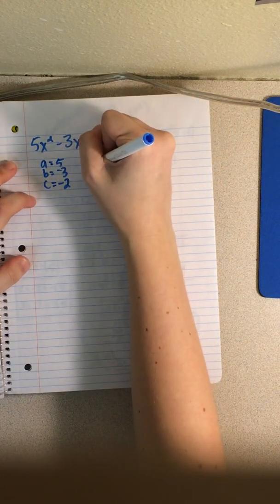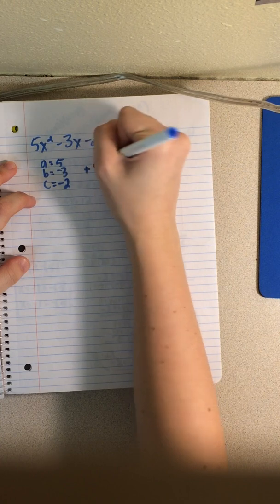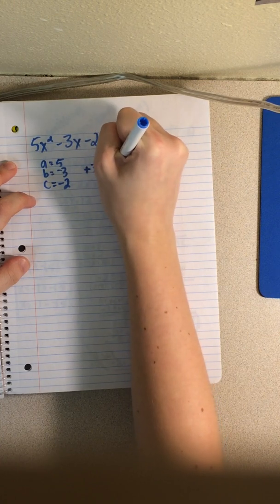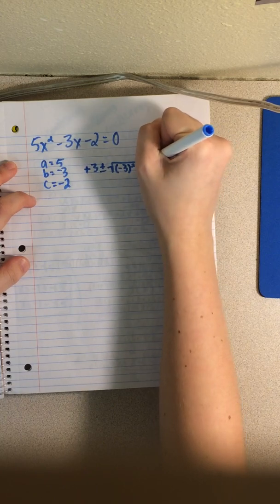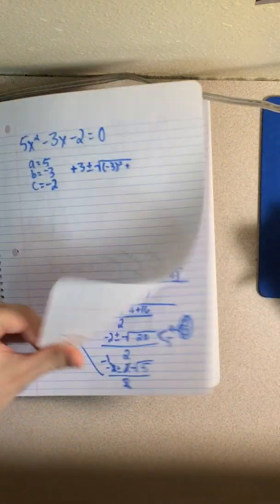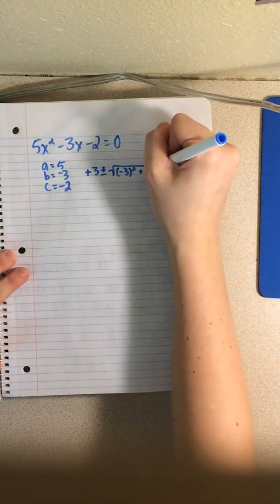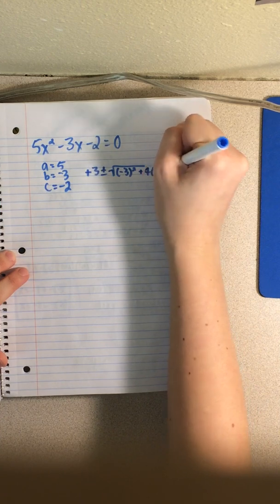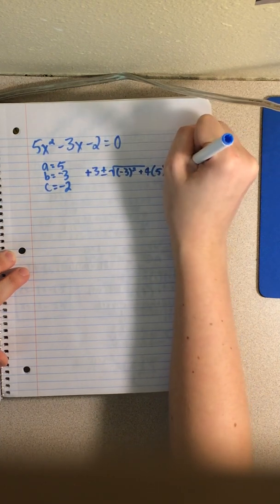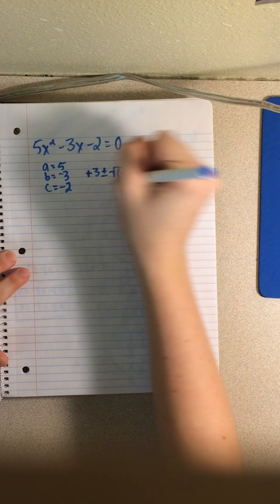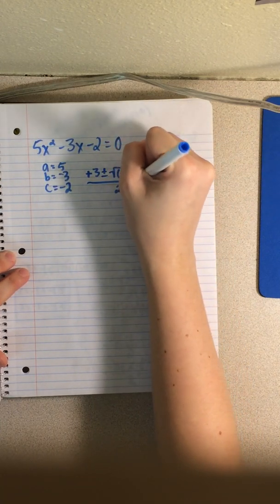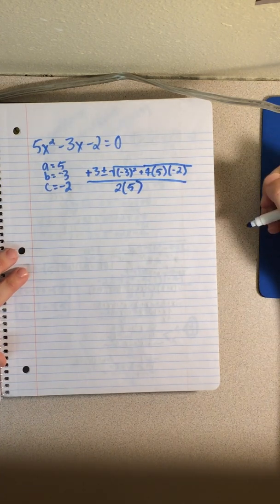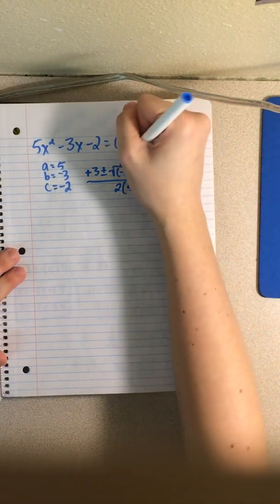So quadratic equation is negative b, so that'd be plus or minus the square root of negative 3 squared plus 4 times 5 times negative 2 all over 2 times 5. So then your next step here is to solve it.